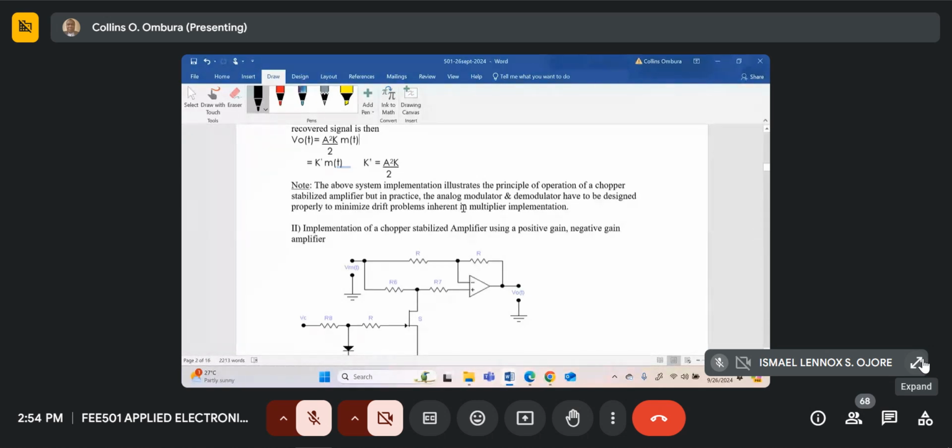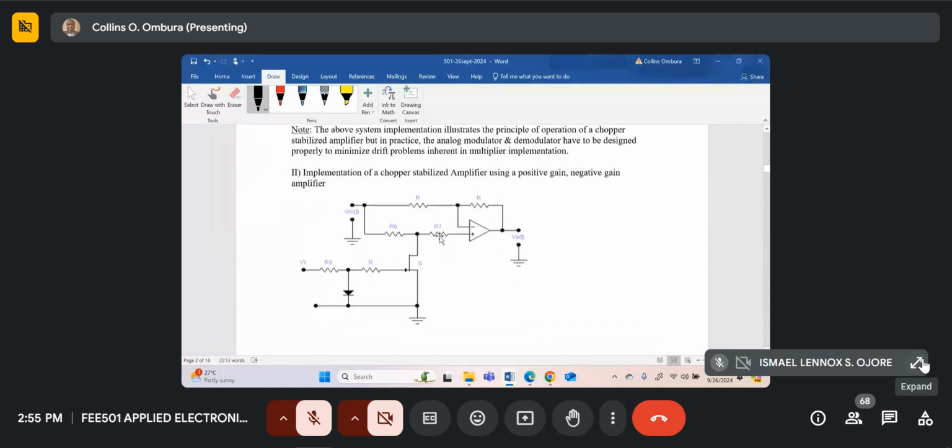Now, the other type of implementation, which I'm calling number 2 over here, is an implementation of a chopper stabilized amplifier using a positive gain, negative gain amplifier. In other words, we are going to be using a modulator which is a positive gain and a demodulator which is a negative gain amplifier.